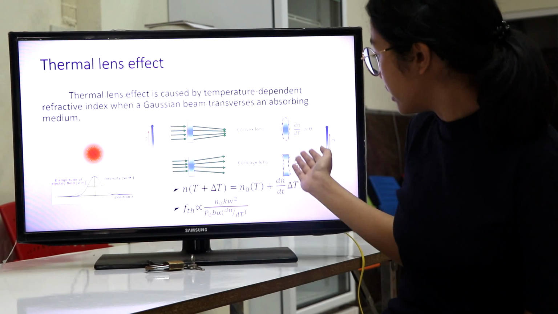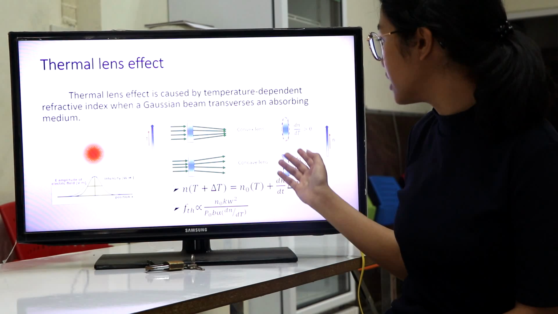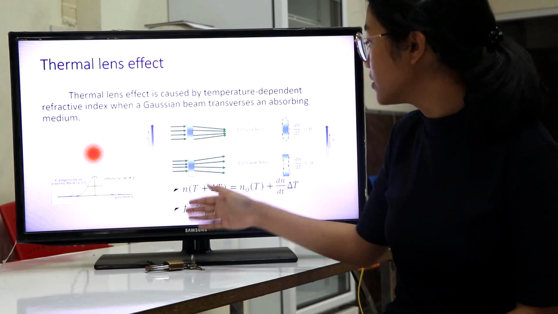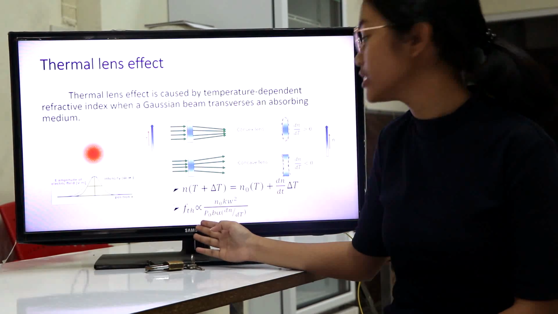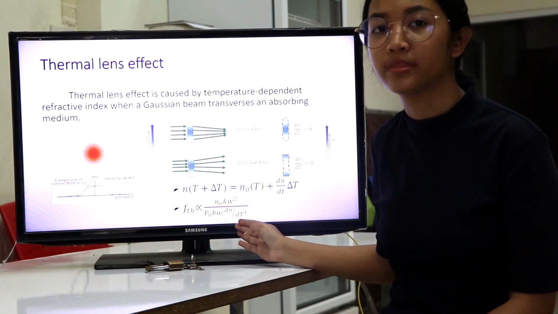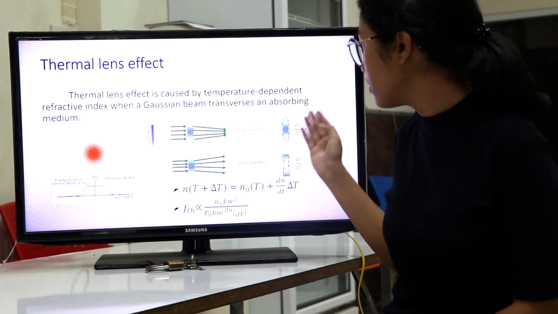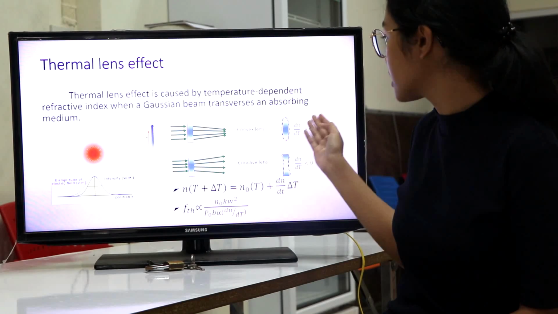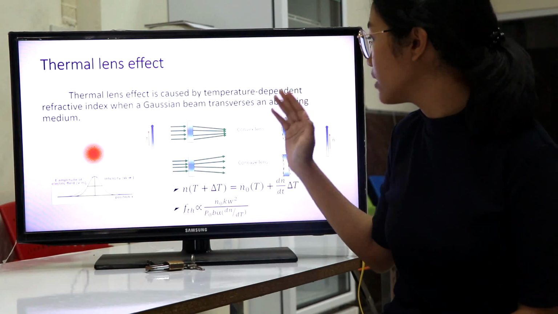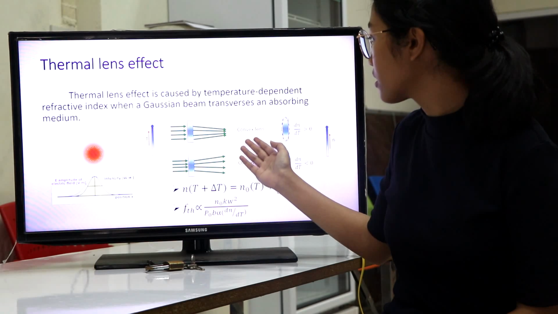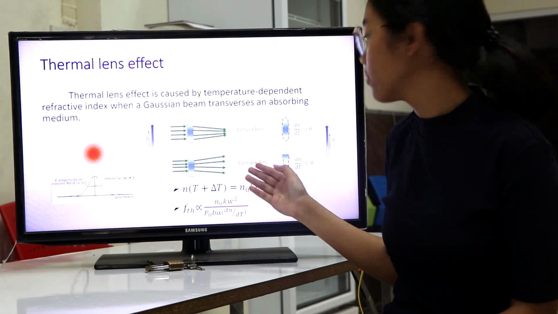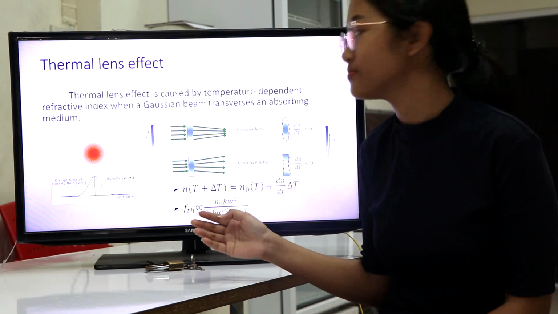To analyze the focal length, we will see that this is the relation of focal length and the dn/dT, or thermal optic coefficient. If our medium's thermal optic coefficient is positive, our lens will be a convex lens, and if it is negative, it will be a concave lens.